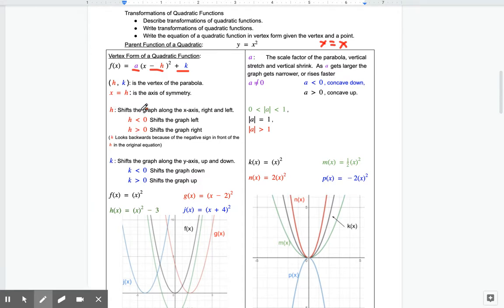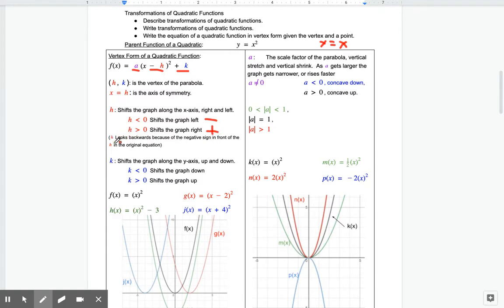The h shifts the graph along the x-axis to the right and to the left. So if h is less than 0, it shifts the graph to the left. In other words, if h is negative. If h is greater than 0, it shifts the graph to the right. So in this case, if h is positive.